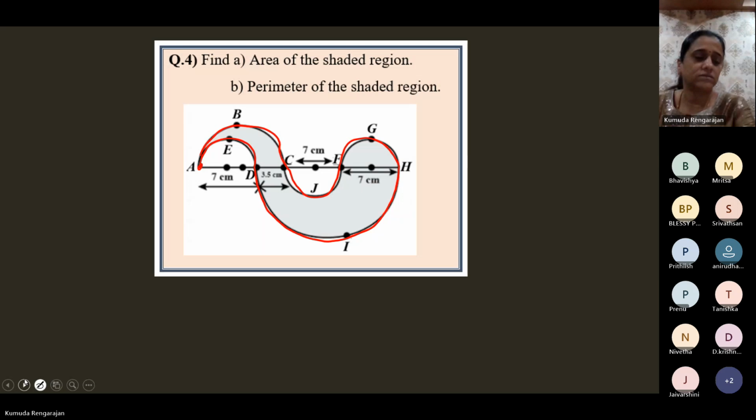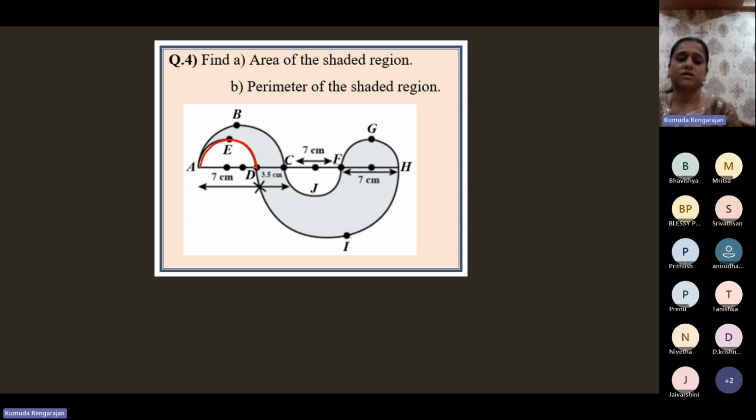Okay, so see here, the length of this arc. What do you mean by the length of this arc? It's a part of the circumference of the circle, right?